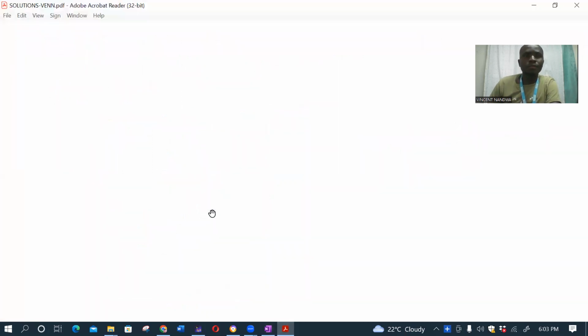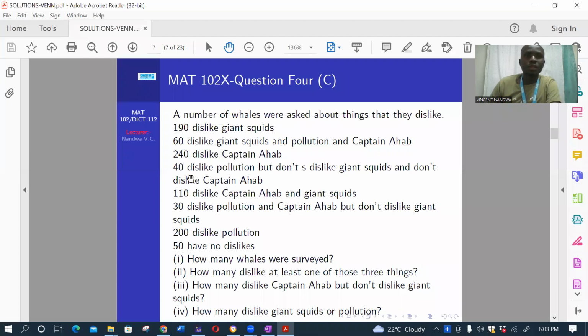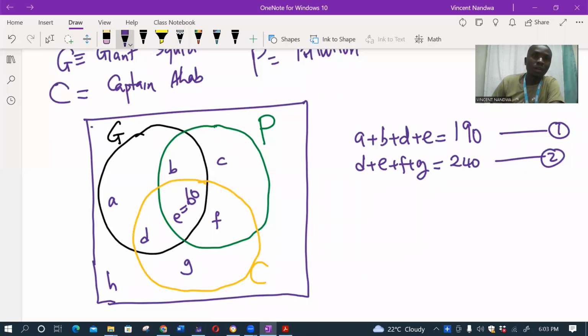And then 40 dislike pollution, but don't dislike giant squids and don't dislike Captain Ahab. So you are exclusively in set P, but not in any of the other 2 sets. So 40 is actually at this point.